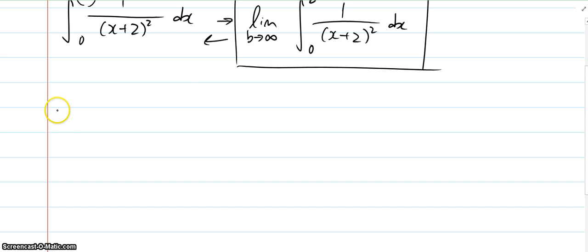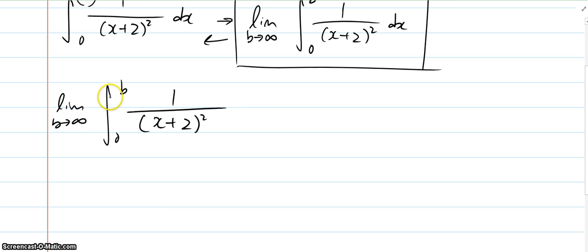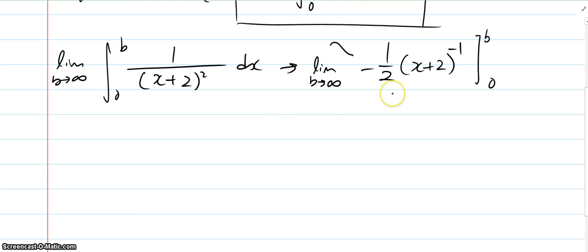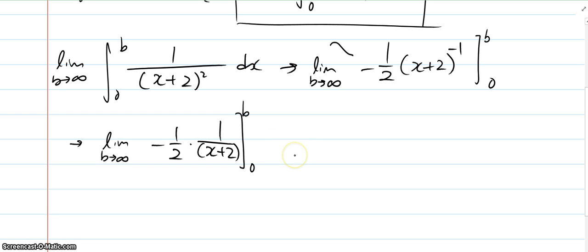So take that down here, limit b goes to infinity, and all we have to do is use our knowledge of integration and actually integrate this, which is this right here, and then you can change that again, just simplifying this.